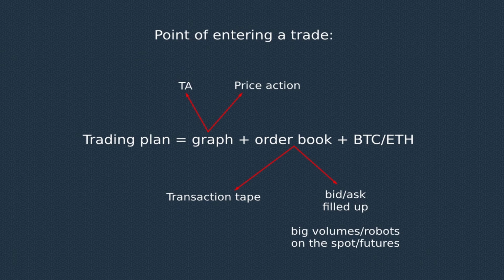And according to the plan, you assess the possibilities of the price going this way or another. Sometimes the graph will be more important. Sometimes in the order book there will be a lot of big volumes near each other, and you'll understand that it's better to change the direction of your trading, probably trying to catch the bounce. So you have to be flexible and analyze every factor.